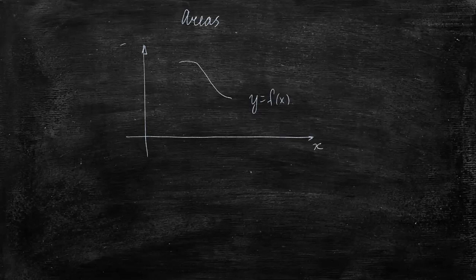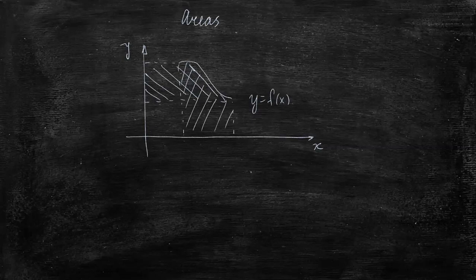So previously we learned how, given a curve, let's say y equals f of x, in the Cartesian coordinate system, we know how to find the area between this curve and the x-axis, or we also know how to find the area between this curve and the y-axis, for example.